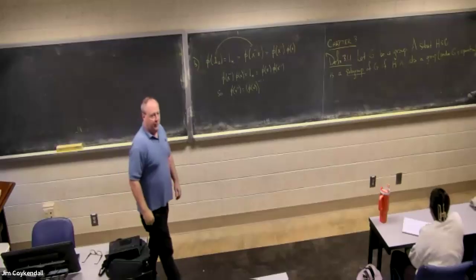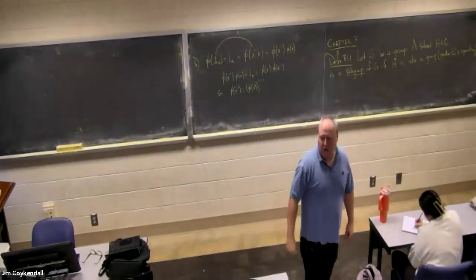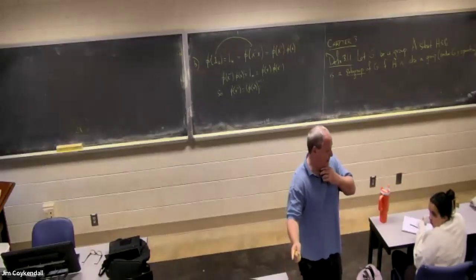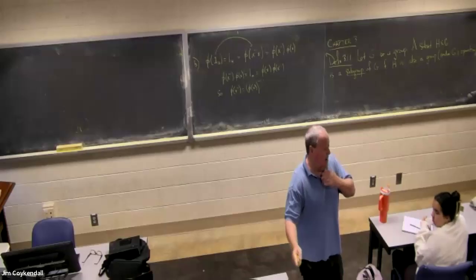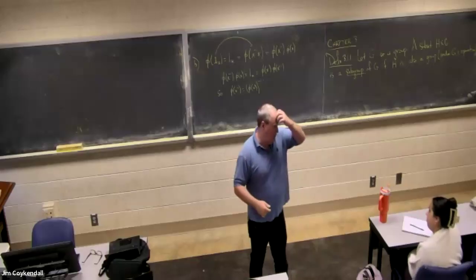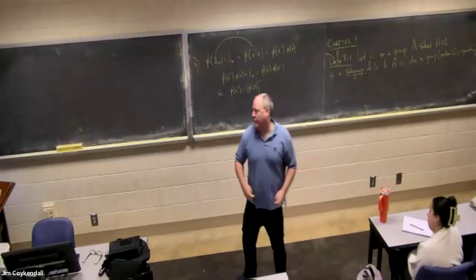If I walked up to you on the street and gave you a group, I can think of two subgroups for sure. The identity, right? Everybody agree with that? The group G has an identity in there that actually forms a group in a very silly way. What's another one? The entire group.